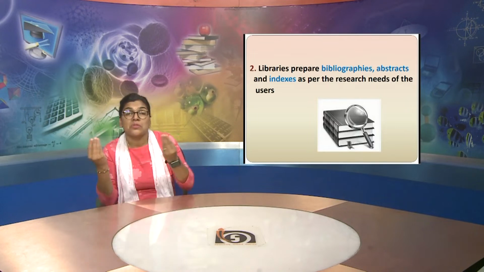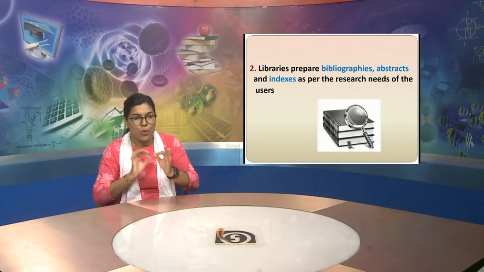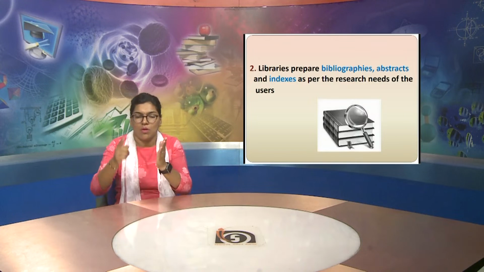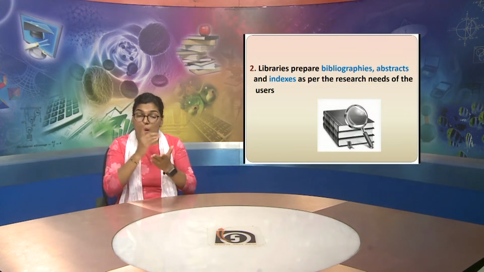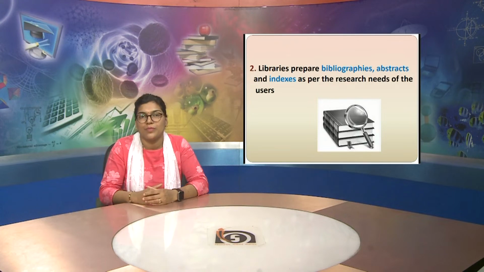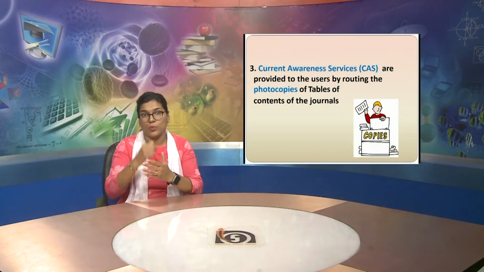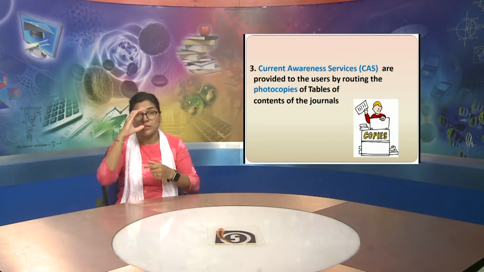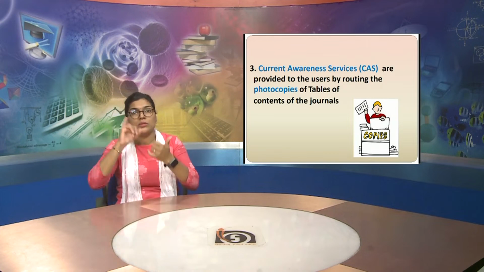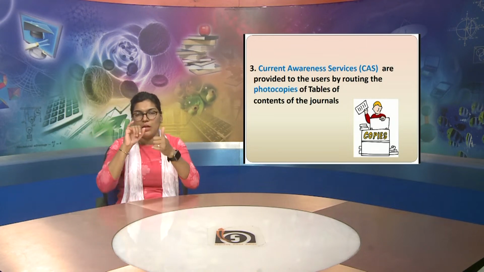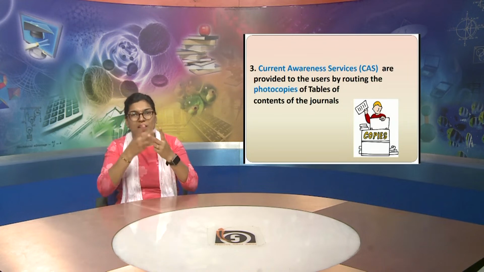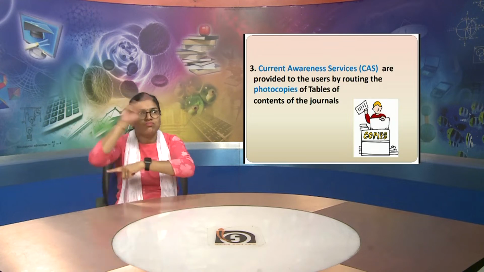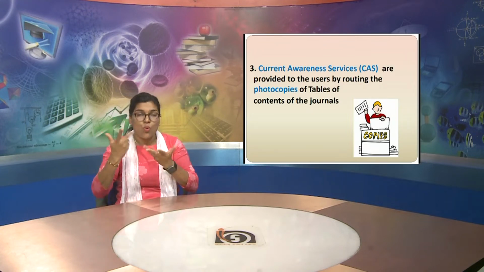So all the bibliographies, abstracts and indexes are prepared by the libraries for the users' easiness, to make their work easy. Point number 3, current awareness services, which we call CAS, are provided to the users by routing the photocopies of tables of contents of the journals.